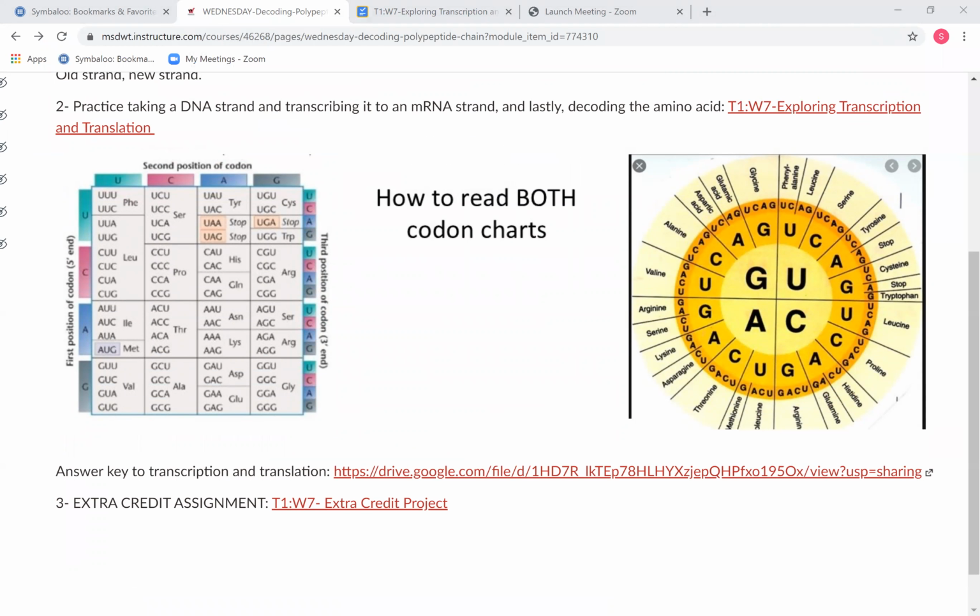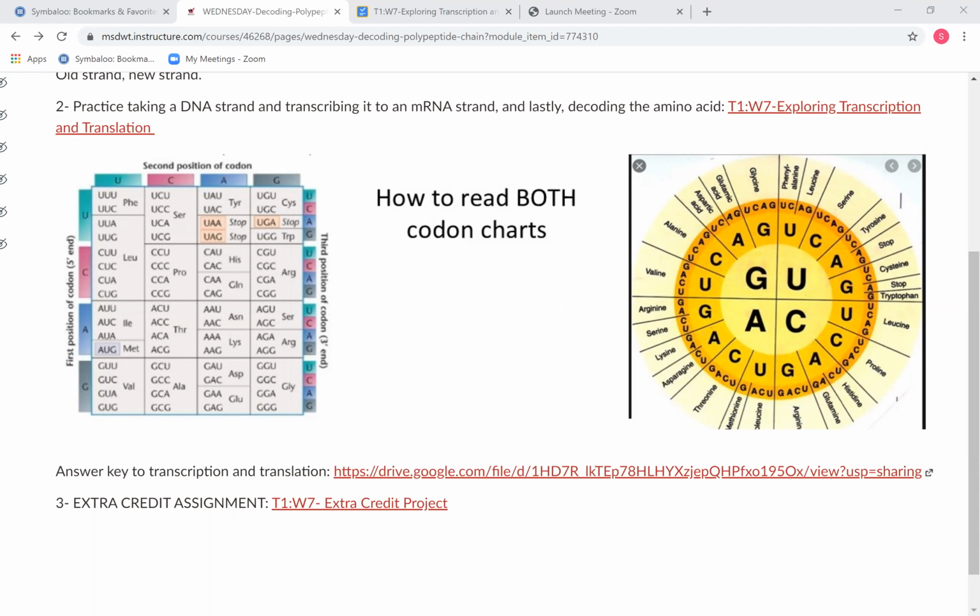If you look at this, you're going to see that on this side, we have first position, second position, third position. Kind of think of it like a puzzle. I'm just going to come up with a codon. AUG is usually a start codon to start making that polypeptide chain.